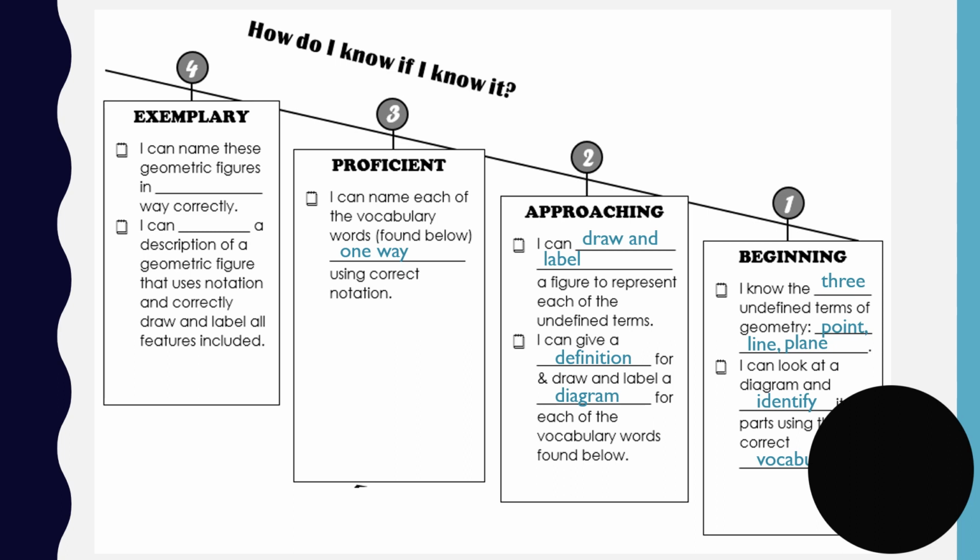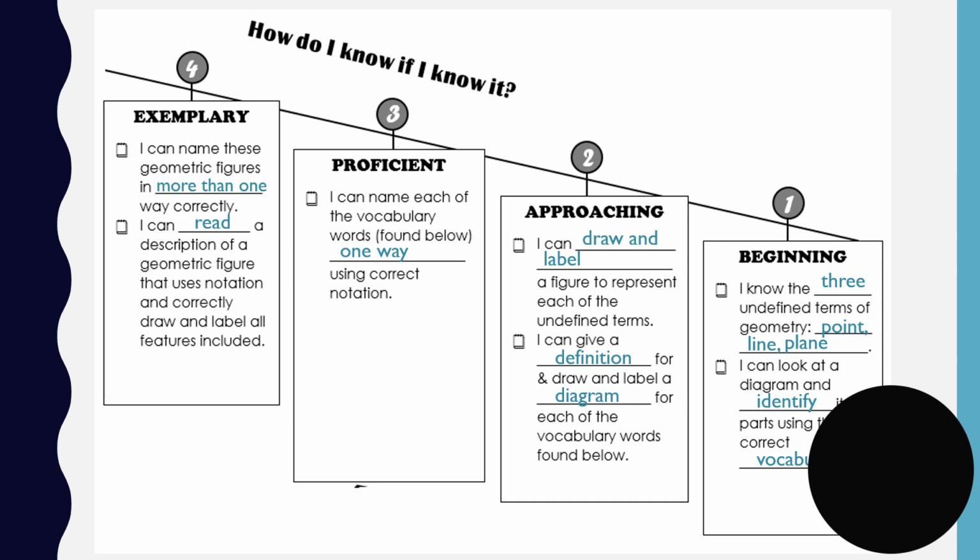There's more than one way to name things, and you can do one of them. Then a level 4 would take that just a step further, and I can name them in more than one way. Also, I can read a description of a geometric figure that uses notation and correctly draw and label all features included.